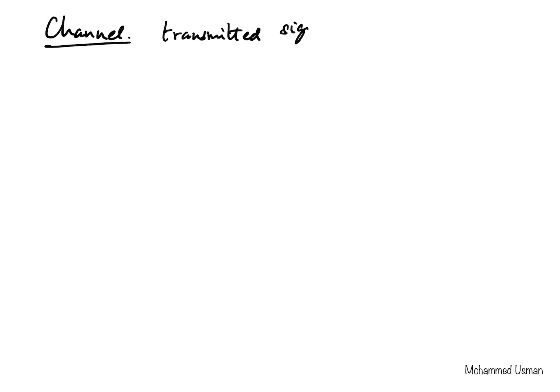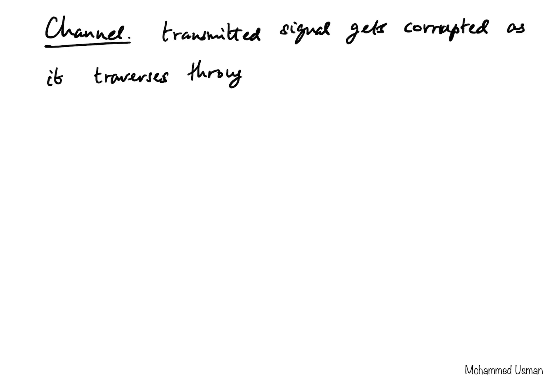The transmitted signal gets corrupted as it traverses through the channel. That means as the signal passes through the channel, it gets corrupted by a variety of sources and causes of corruption.